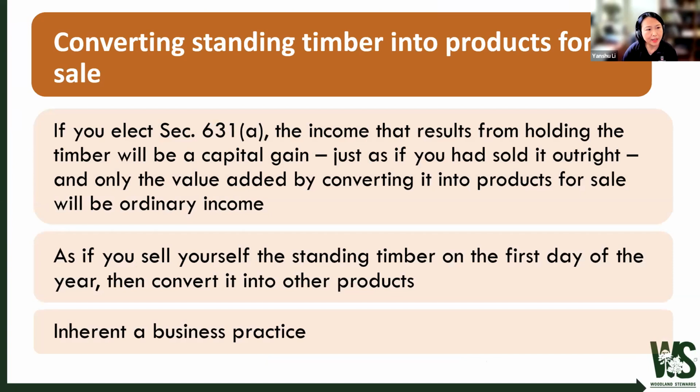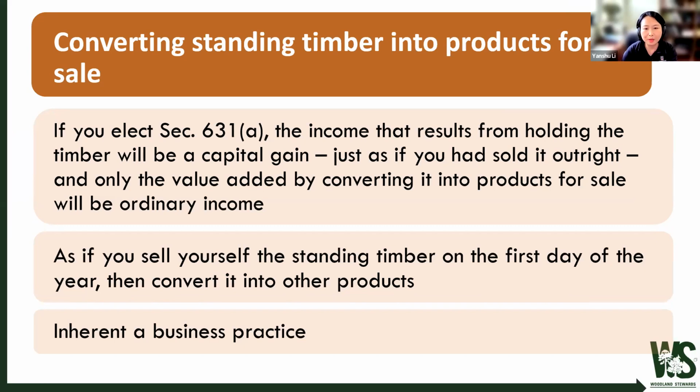If you make the election, then your income from selling the cut products will be divided into two parts, basically. The first part is the gain from holding your standing timber. That will be treated as a capital gain, and if you have held it for more than 1 year, it will be long-term capital gain.